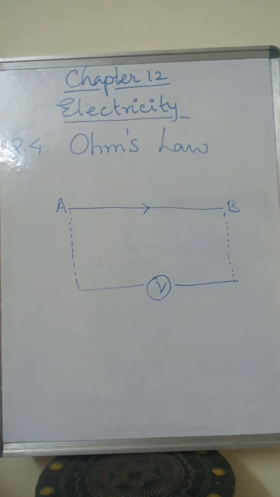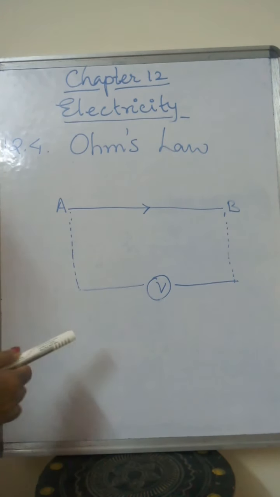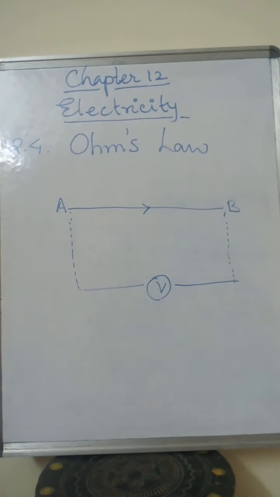Now if I have to prove Ohm's law, see, this is my conductor AB, and here V is the potential difference between these points, and I is the electric current through which it is flowing.